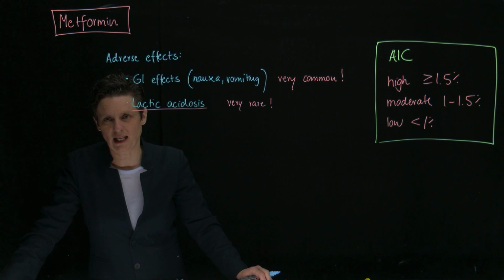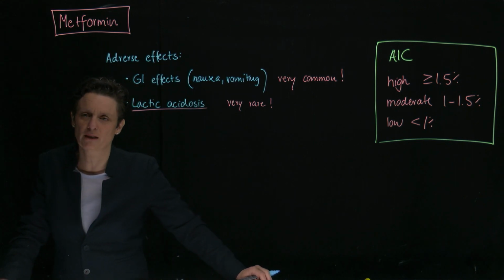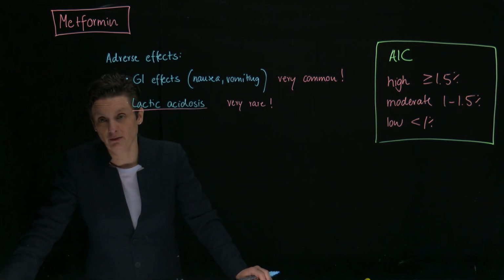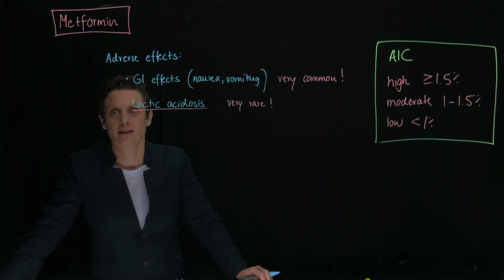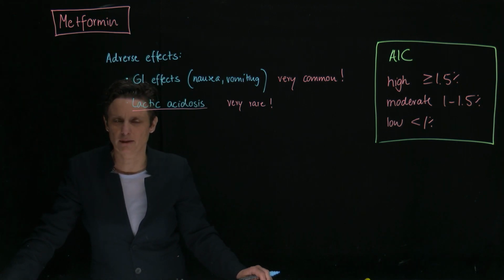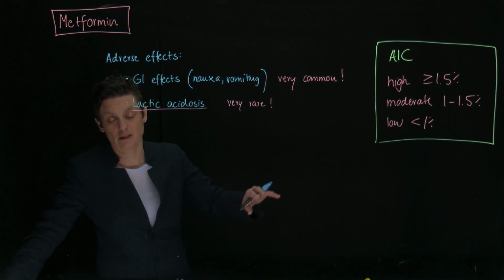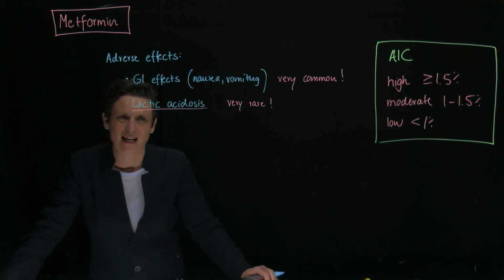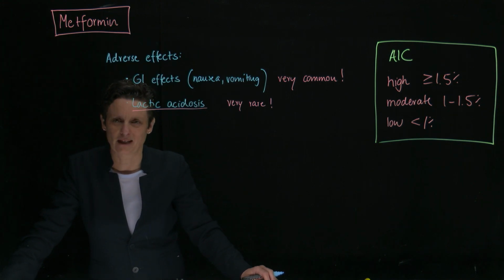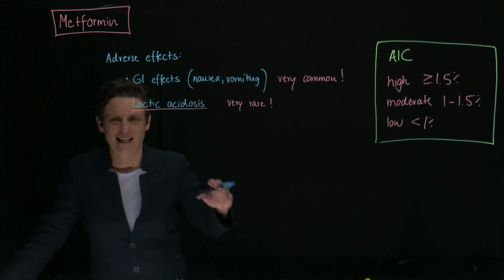Now, usually lactic acid is removed by the body within the liver, and this process is blocked by metformin, by downstream AMP kinase. So you may build up lactic acid.